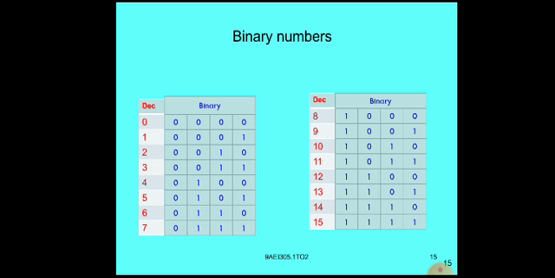And it will go up to 15, all ones. So these are the decimal numbers and their equivalent binary numbers.